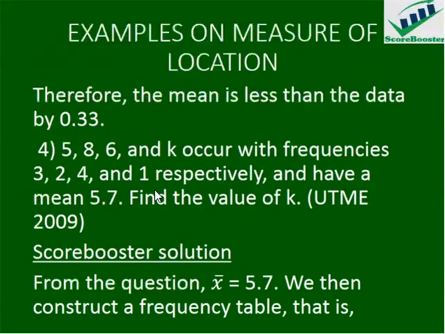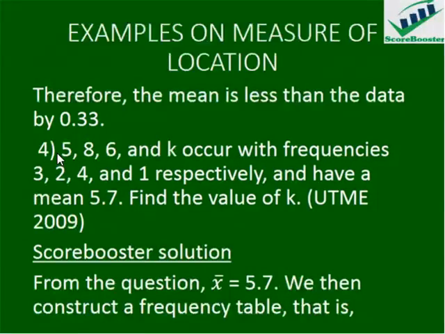This is also a UTME past question. We can see that here we were given the mean of this set of data. It is also like the mean of ungrouped data with a large number of items, where we have to construct a frequency table for each number of items. So here the frequency of 5 is 3.